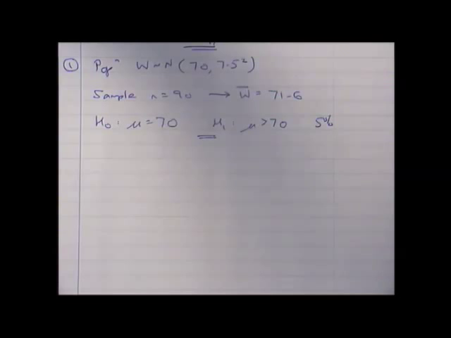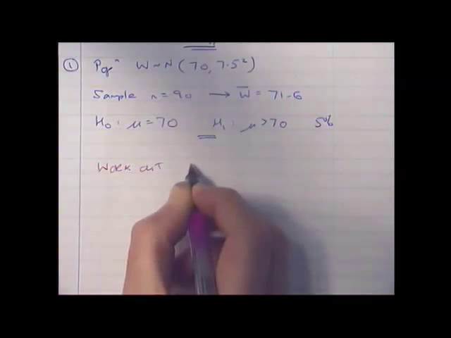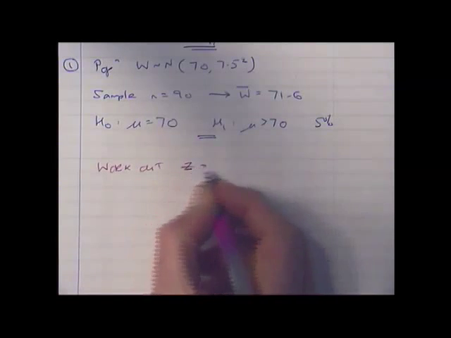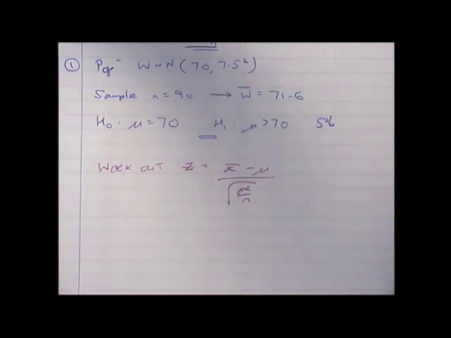Now, the new approach is we are going to work out Z. Now, we've come across Zs before when we were doing a normal distribution, and our Z here is going to be x bar minus mu over the square root of sigma squared over n, which is not an unfamiliar thing to us. What was the distribution of Z when we were doing the normal distribution before we even did sampling?